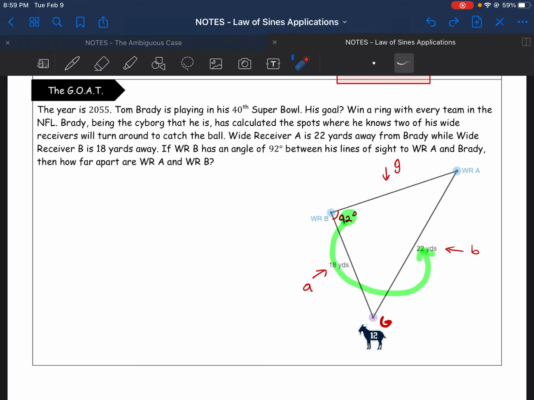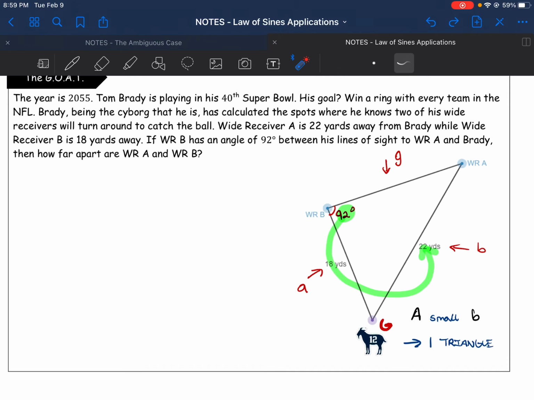Well, notice using that little visual trick that we talked about, if we go from 92 degrees, trace around to the side opposite of 92 degrees while going through the other side, we can see the side that we go through is smaller than the side across from the angle, which means that we're going to have one possible triangle. So we can just solve this triangle as if it was a normal problem.